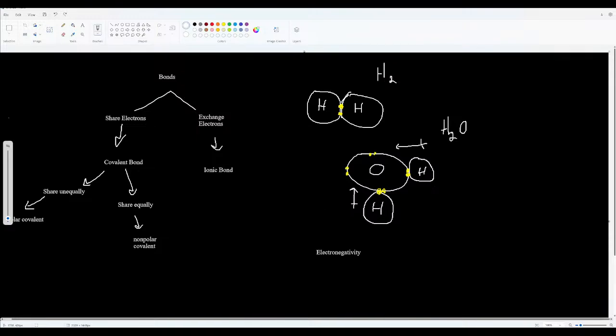A dipole essentially is a vector of where the electron's charge is going, right? So if the charge is going towards oxygen, as we see here, and we add vectors together, bam, it's just kind of like that, right? So that's what's going on here, right?